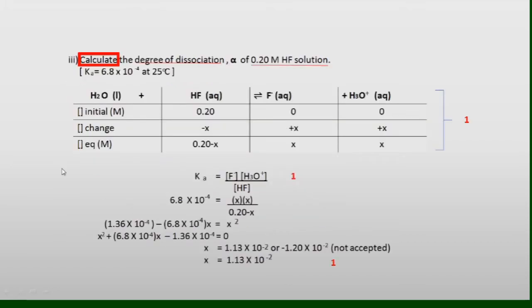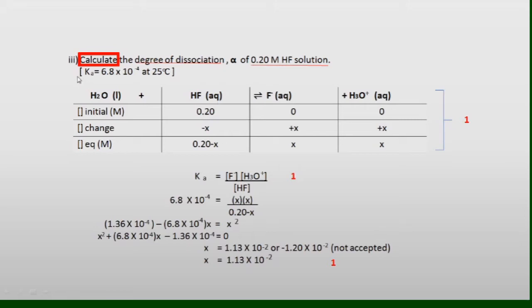So next, question 3. Calculate the degree of dissociation of 0.2 M HF solution. So the keywords here are calculate, degree of dissociation and 0.2 M HF solution. So they already gave us the molarity of HF solution and the value of concentration of acid.